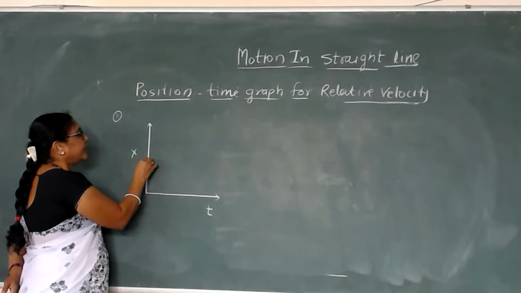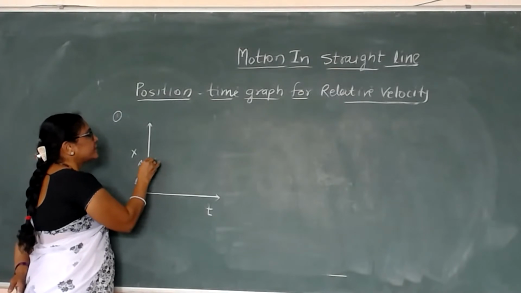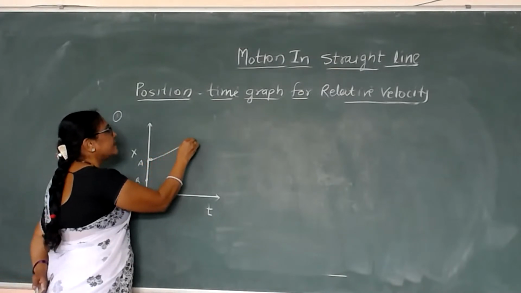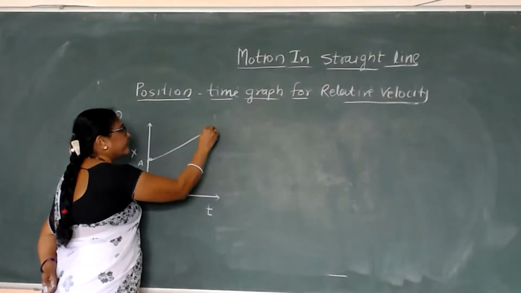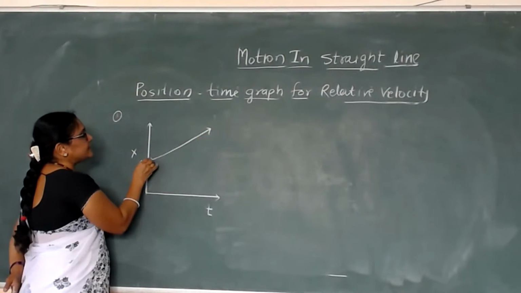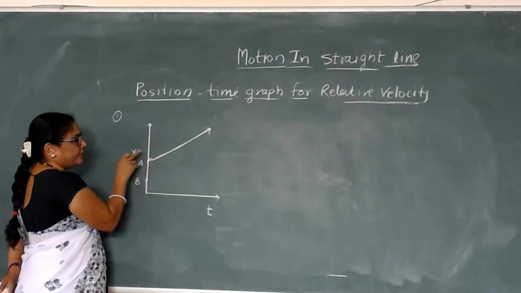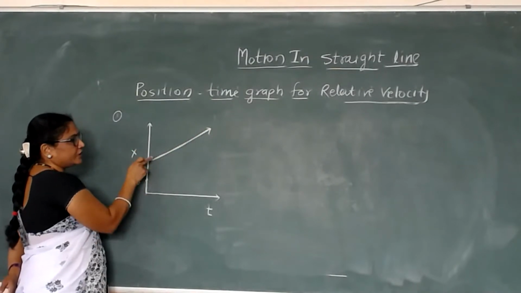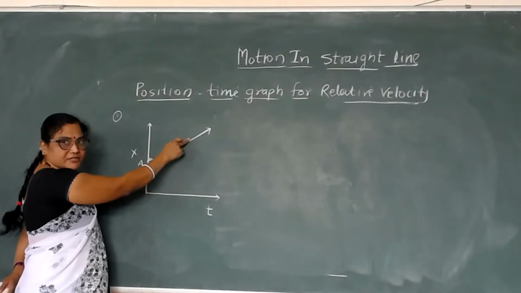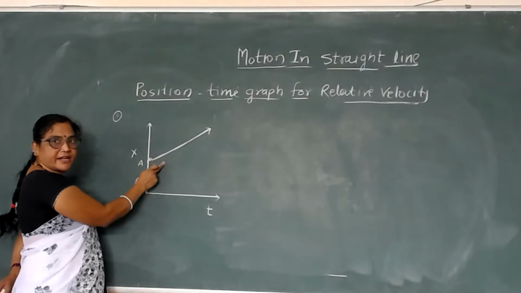So here A is moving in this direction. This graph is related to the velocity. If we draw the graph of position and time, this graph shows the nature of velocity.